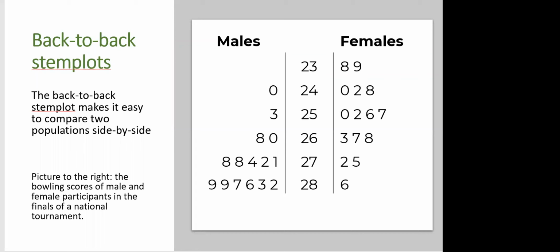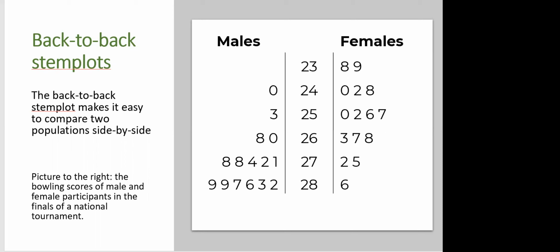Also, if you want to compare two distributions, you can do the stem plots side by side. For example, here we have the bowling scores of male and female participants in the finals of a national tournament. You see the female scores on the right and male scores on the left. They share common stems, and compared side by side, you can see that the females' average is a little higher up, around stem 25.